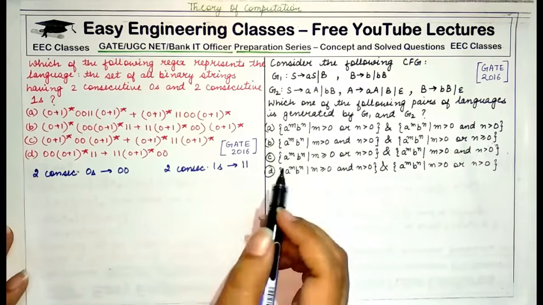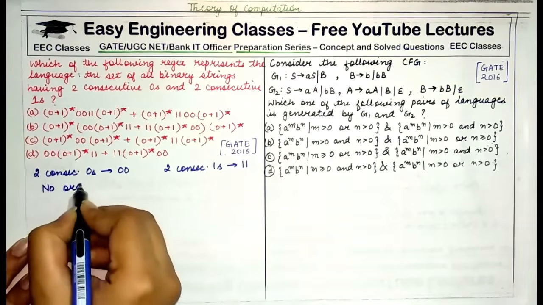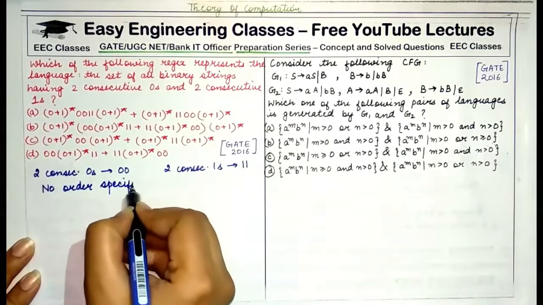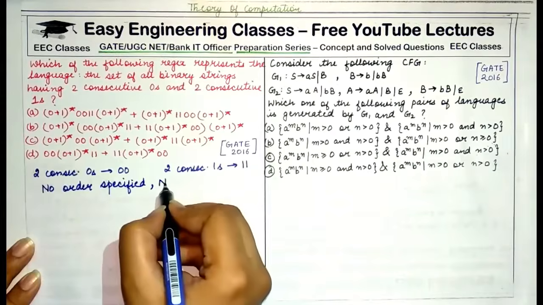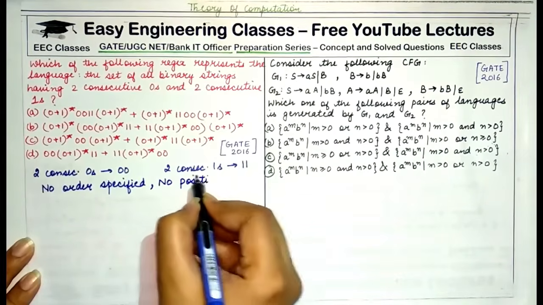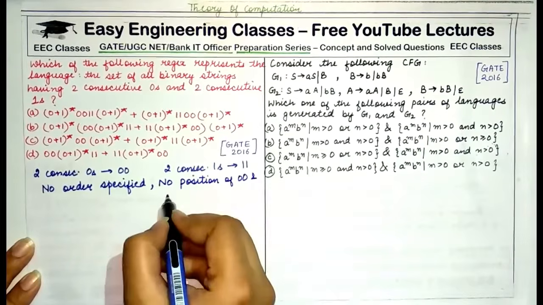So basically, no order is specified, and no position of zeros and ones with respect to each other is specified.